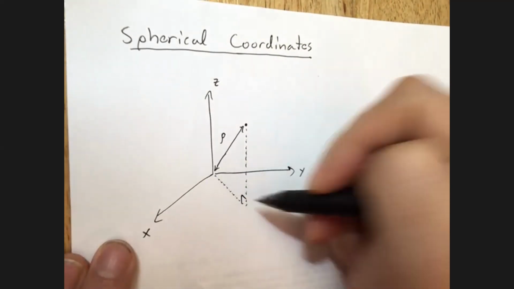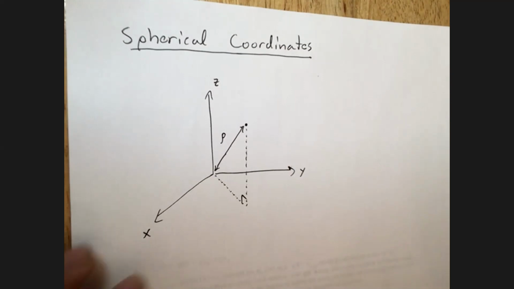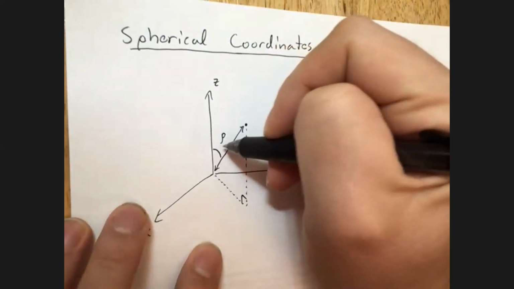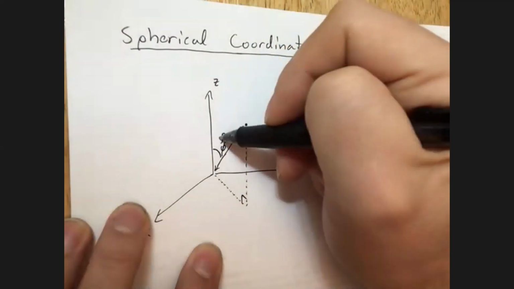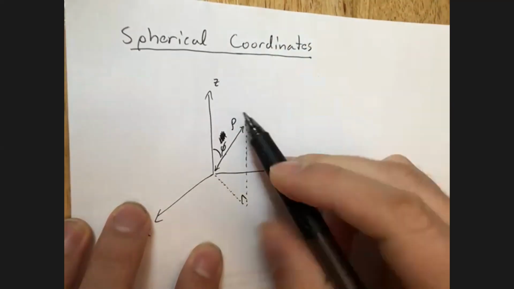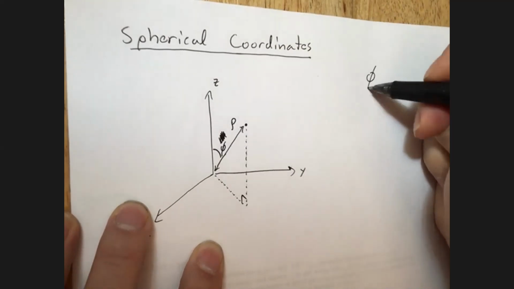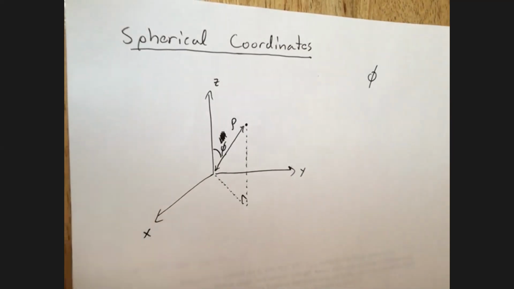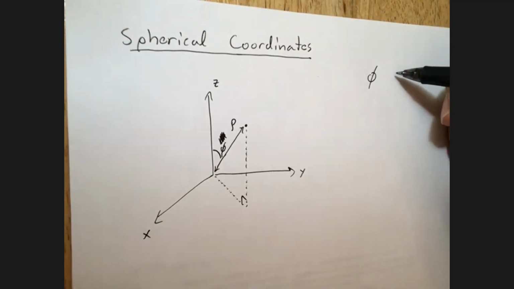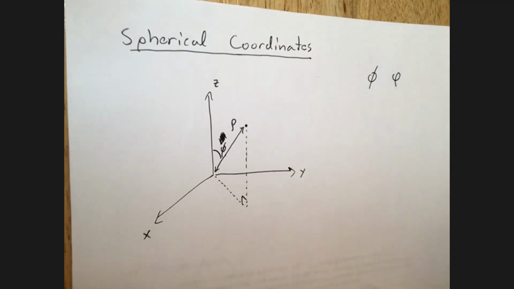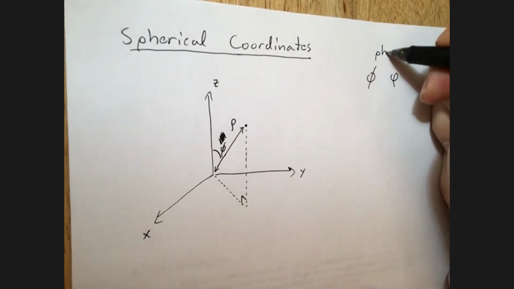This is a 90-degree angle here. This angle here, that's phi. Okay, now things are getting a little crowded already. So that's rho. This angle is phi. It looks like this. It's a O with a line through it. Sometimes people draw a cursive phi and it looks like this. So that's phi.